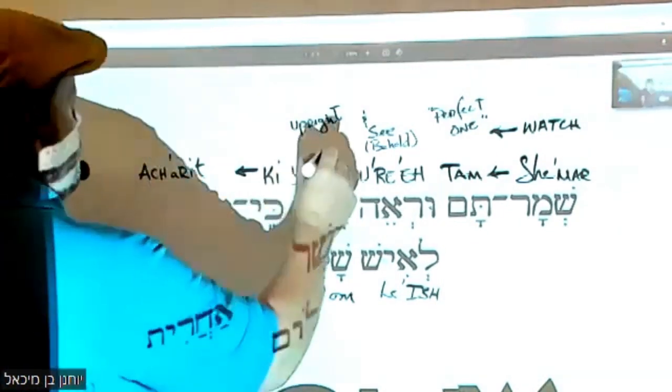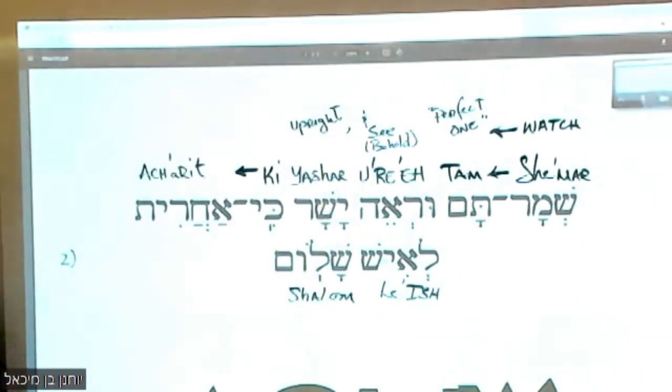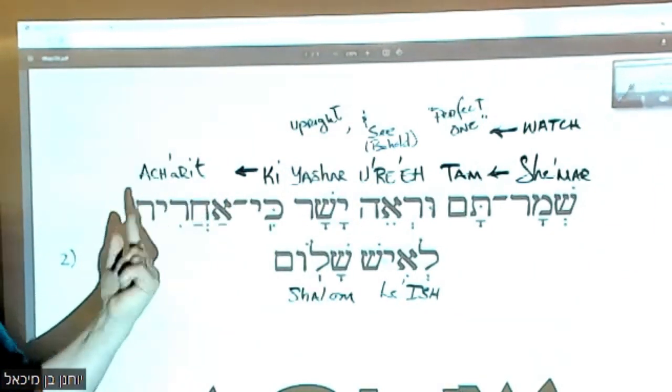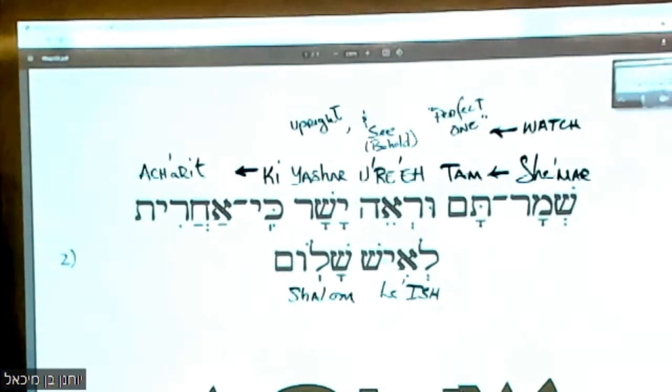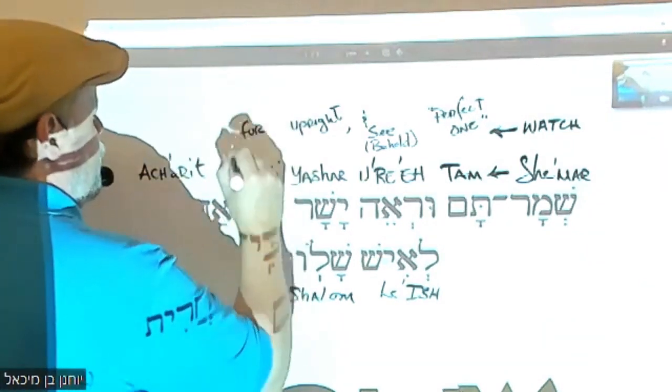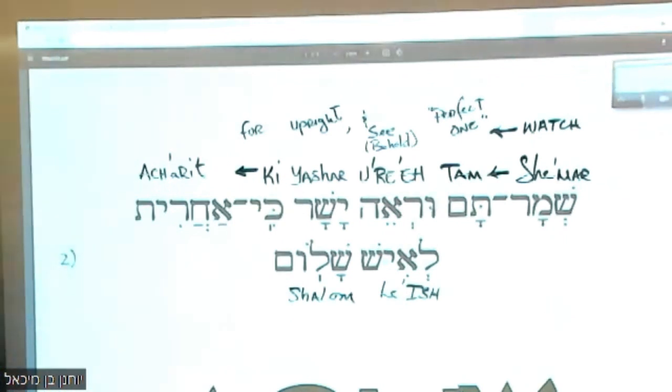We'll put a comma here, because now we have another hyphenated word, ki achrit. So ki is what? For, that, or because. Since it's King James, we're going to use for, okay? But they all mean the same thing. For what? Achrit.